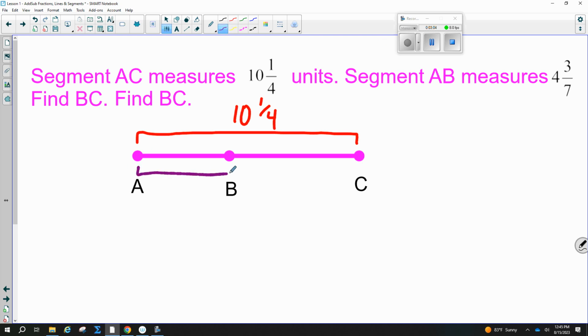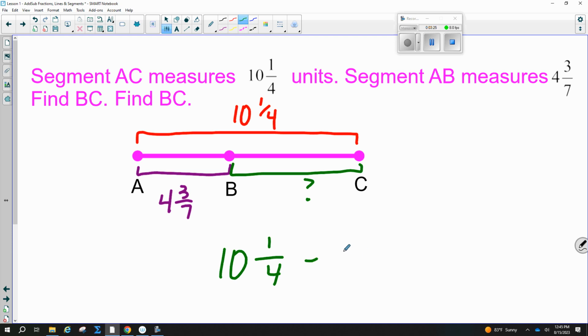AB measures 4 and 3/7. Find BC. BC is from here to here. What operation are we going to do to solve? Yeah, we're just going to subtract, okay, to find it. So I really need to just do 10 and 1/4 minus 4 and 3/7.